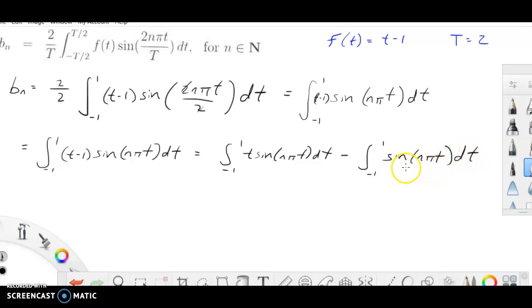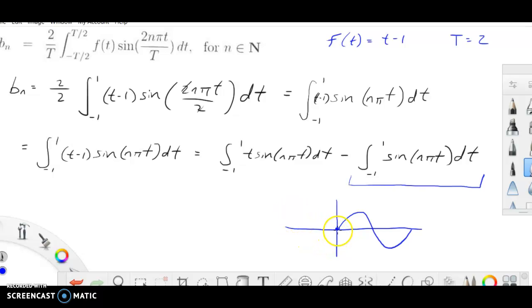Now there are some shortcuts we can take. This is the type of shortcut you take no matter what type of these questions you're doing. You're always looking for these little shortcuts. Sine is odd. Why is sine odd? Well, when we did cosine, we started up here, we got even. So for sine, it starts here and goes like this, right? And sine is odd. It's symmetrical through the origin.